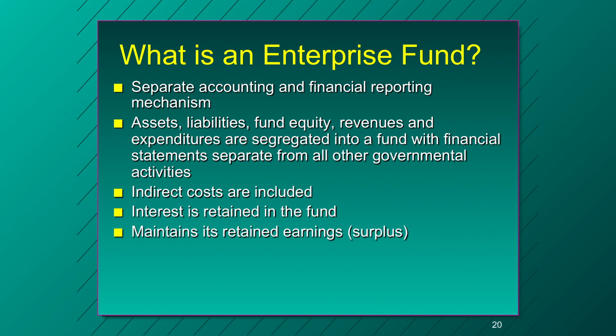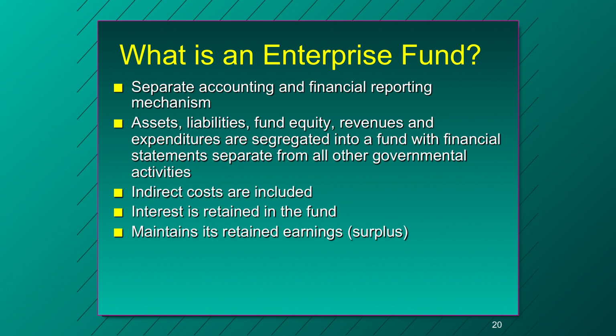So what's an enterprise fund? An enterprise fund is a separate accounting and financial reporting mechanism. That's all it is. The stormwater assets, liabilities, fund balance, fund equity, revenues and expenditures are segregated into a fund with financial statements separate from all other governmental activities.